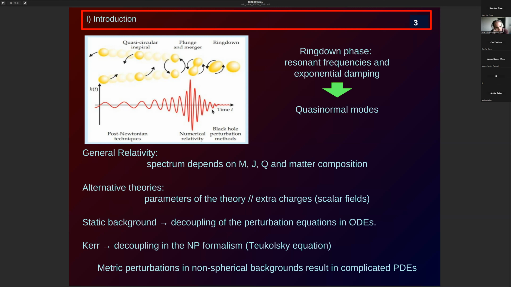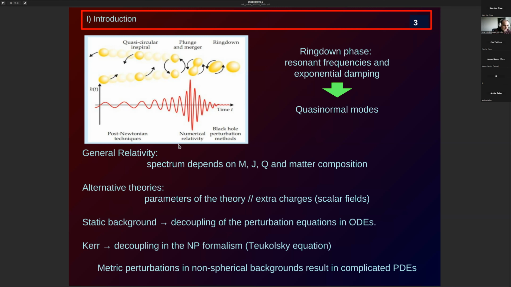I will tell you now the metric or the fields that compose the solution, and understand what the resonant frequencies are that characterize this ringdown phase. So this ringdown phase is determined by some resonant frequencies and some exponential damping that can be extracted using the quasi-normal mode formalism.